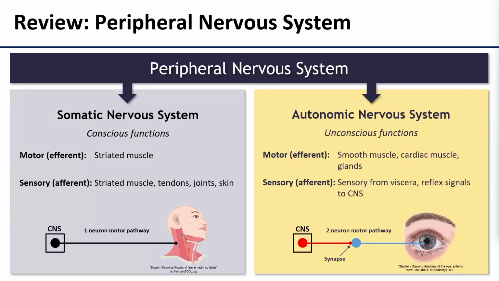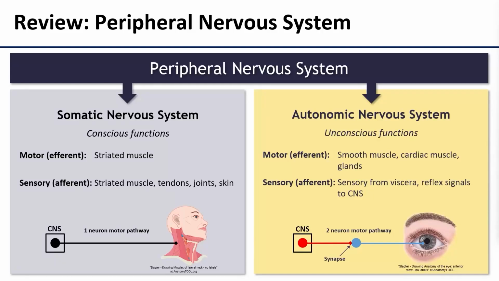Now, the viscera, our internal organs, those are served by the autonomic nervous system. We're not typically very aware of what's going on inside of us, unless something's going really wrong. So it's fair to categorize the autonomic system as being in charge of unconscious functions that involve smooth muscle and glands.